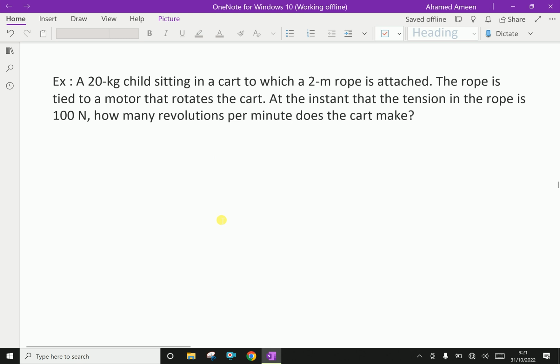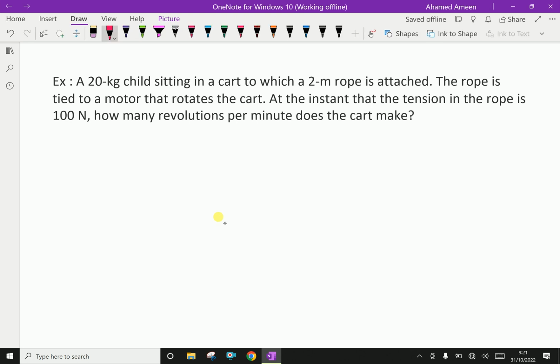Look at this problem. First, we know that velocity V equals the square root of r into Fc over mass m.